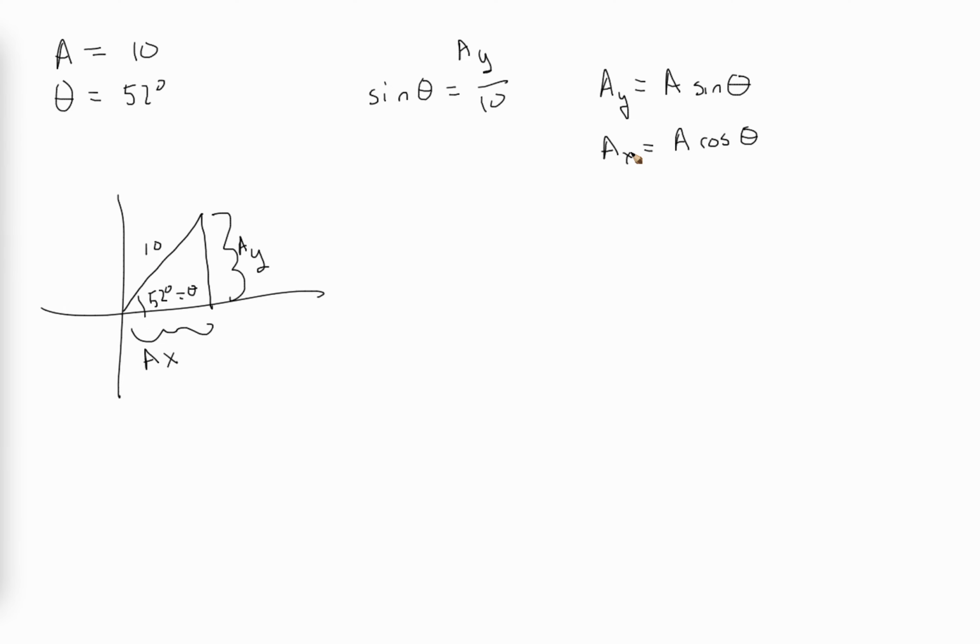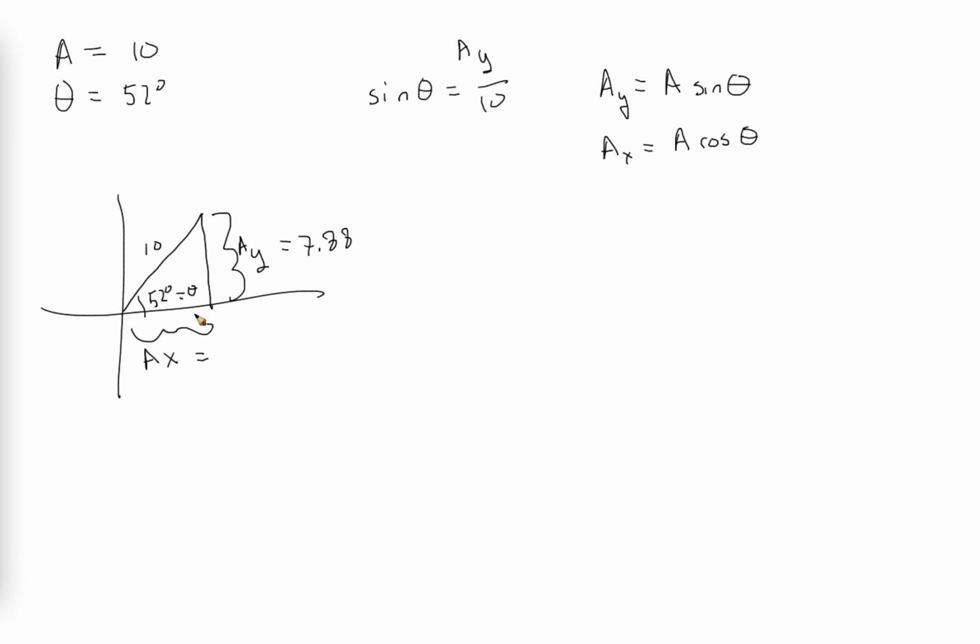So I'm going to do 10 times sine of theta. So 10 times the sine of 52 is equal to 7.88. So this length here would be 7.88. And then this length would be 10 times the cosine of theta.